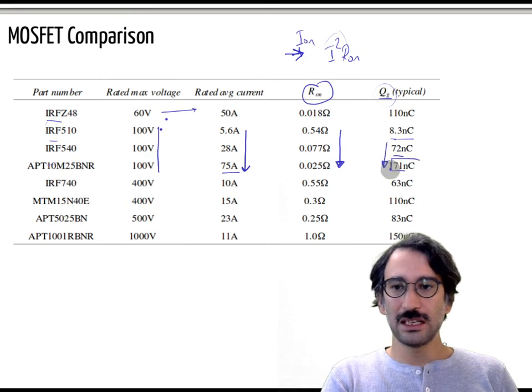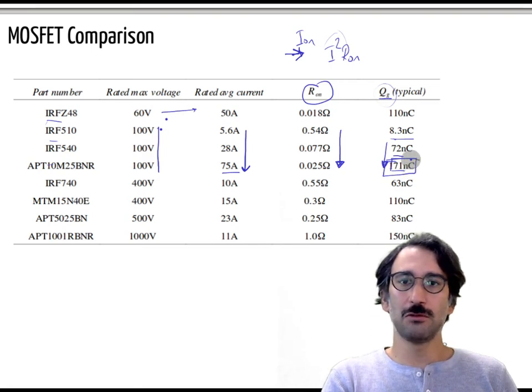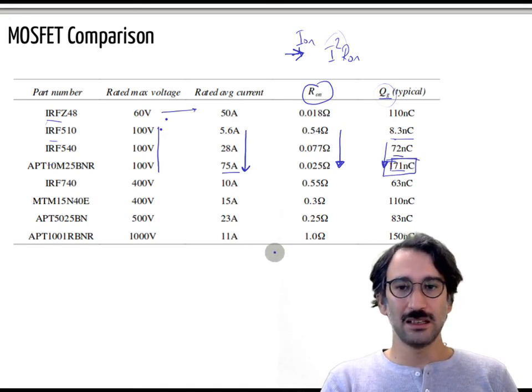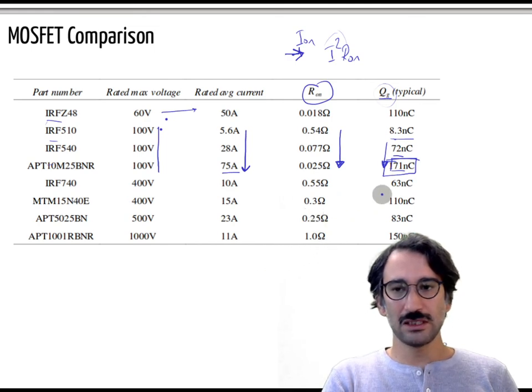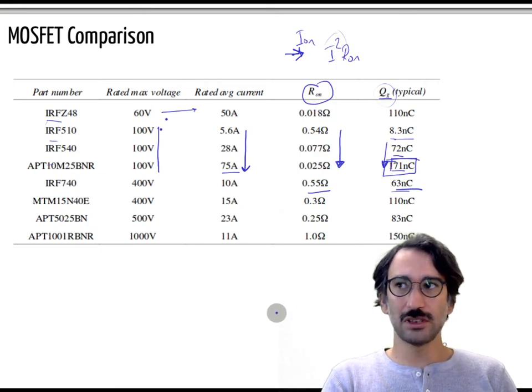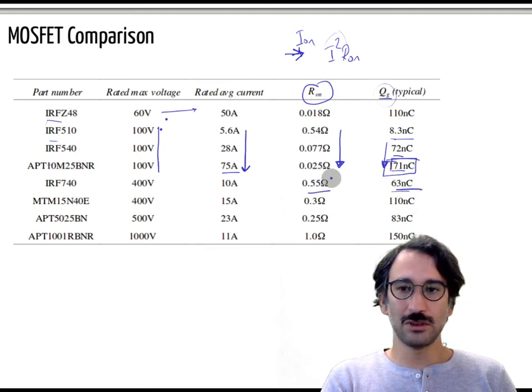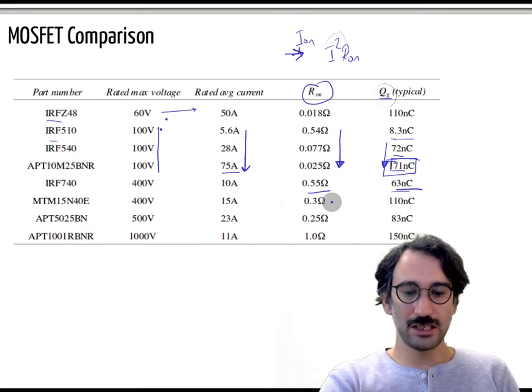So that means if you just use the same driver circuit, it will take longer for that transistor to turn on, or if you want to shorten the transition time, you need to use a gate driver which can supply a larger current. Most of the time the on resistance and turn on times give you the main characteristics. This shows how quickly a MOSFET can be controlled, and this shows how the conduction losses change.